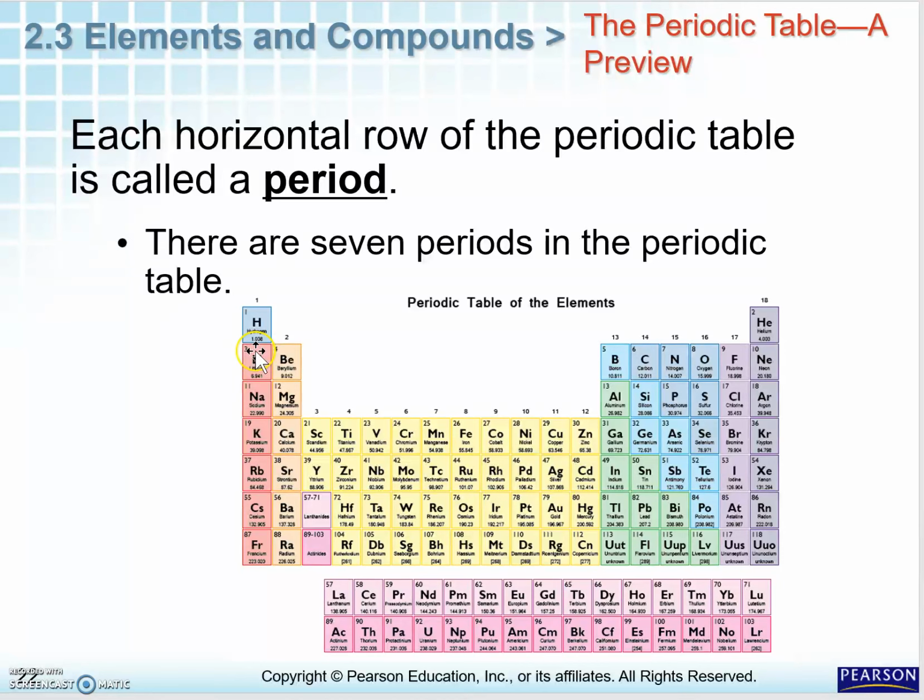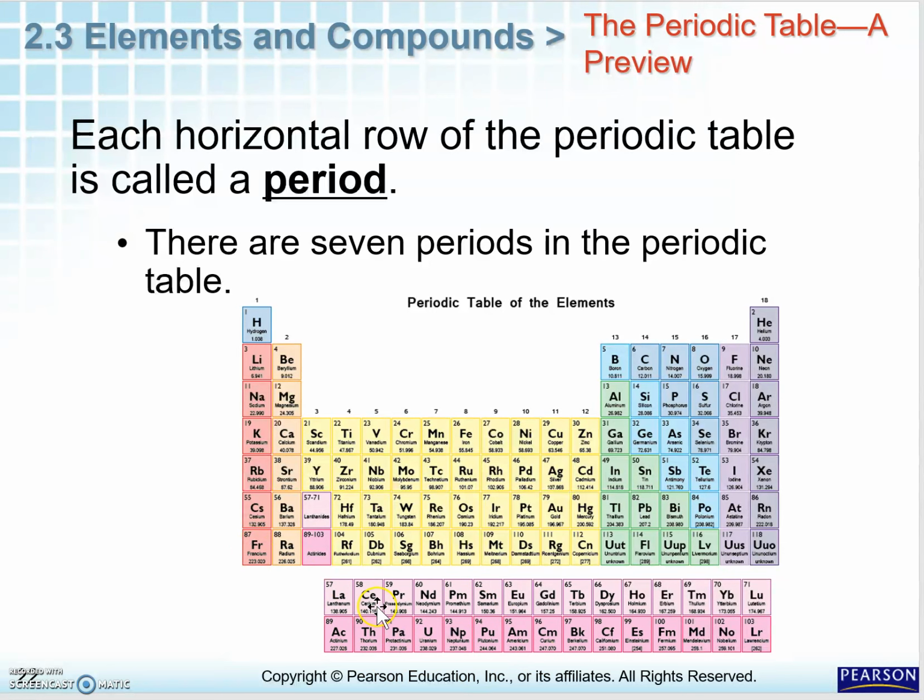Each horizontal row, so horizontal goes from left to right, are called periods. There are 7 periods in the periodic table: 1, 2, 3, 4, 5, 6, 7.